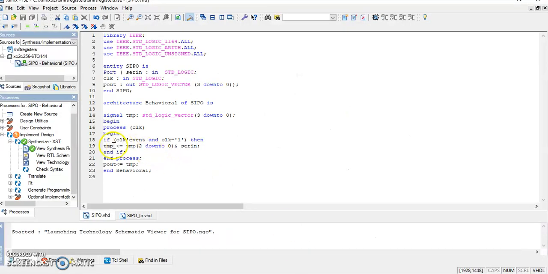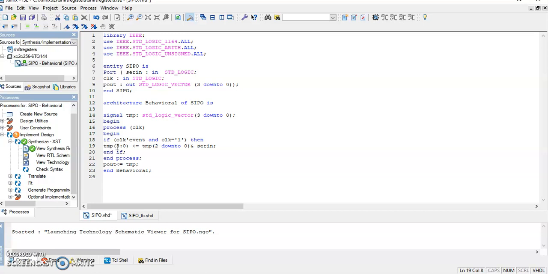Say for example, if your array is temp 3 down to 0, you have declared temp 3 down to 0. So here I have taken it, it is again a syntax matter, but for our understanding I have taken it.